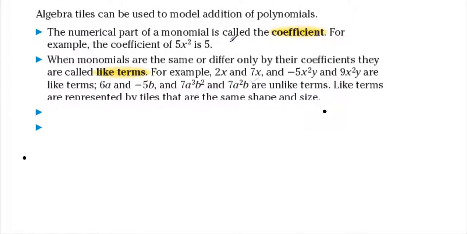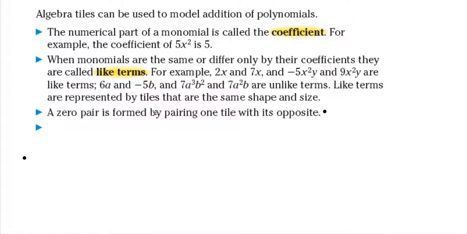Like terms are represented by tiles that are the same shape and size. So when you talk about like terms, they're represented by tiles that are the same shape and size. So another definition, a zero pair is formed by pairing one tile with its opposite.